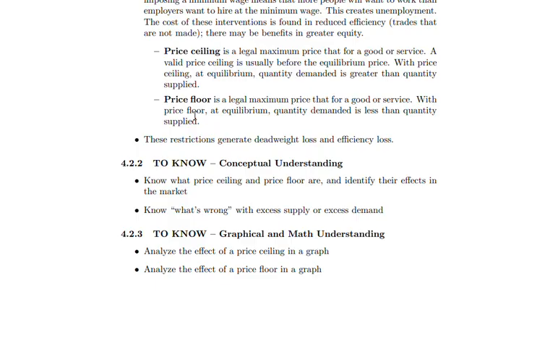With a price floor, quantity demanded is less than quantity supplied. These restrictions generate deadweight loss and efficiency loss. It is always a triangle area if the government sets a price ceiling or price floor.